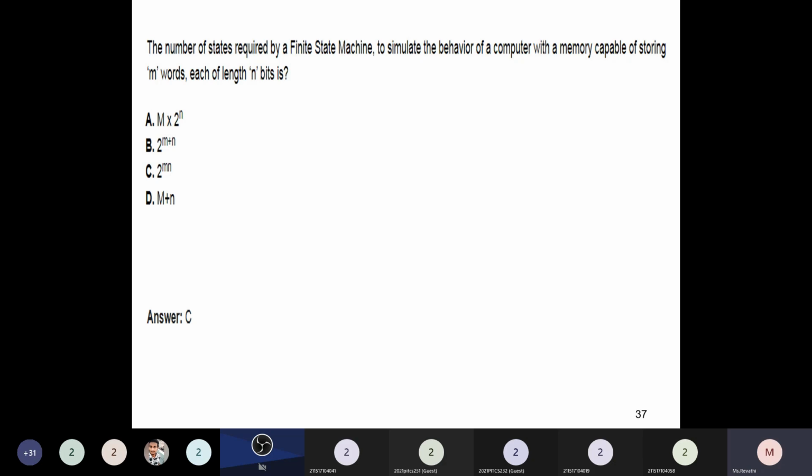If it is an n-bit string, we need 2 power n number of states. But in the given problem, it consists of m words, and the length of each word is n bits. So for the total number of states, we should multiply m with n and then 2 to the power of mn. That is the correct answer. So here C is the correct answer. Totally we need 2 to the power of m into n number of states to design the finite state machine for this given language.